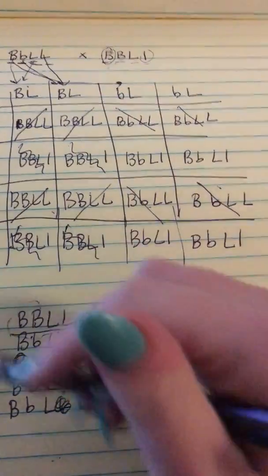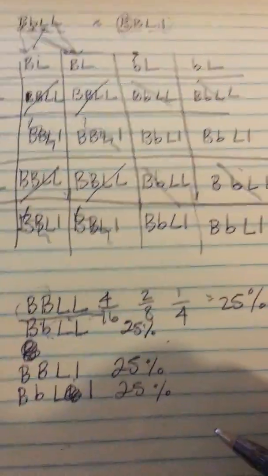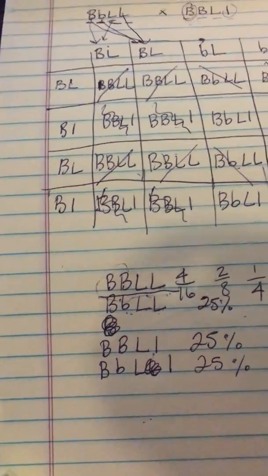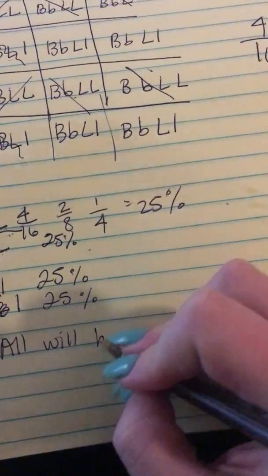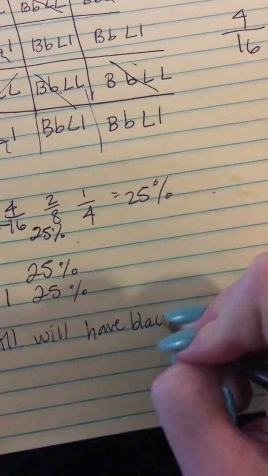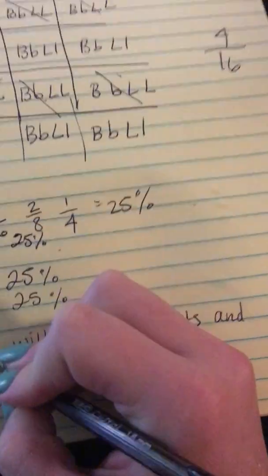We also know that every single one of these offspring are going to show the dominant traits, right? So in this case, all will have black spots and long tails.